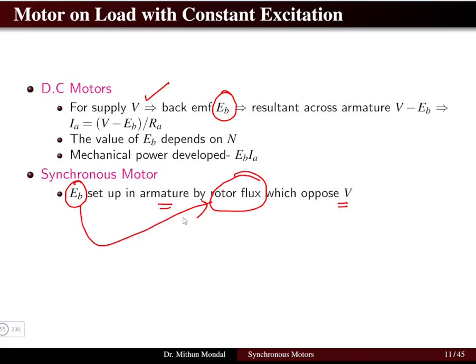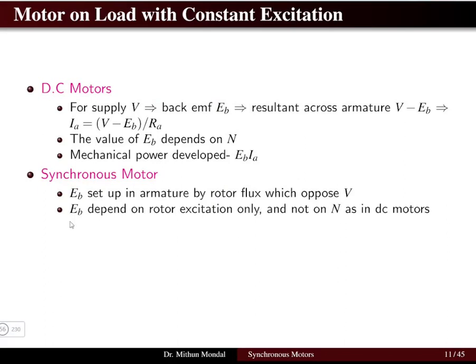In both the cases the back EMF is opposing the supply voltage. The back EMF depends on rotor excitation only and not on the speed as in DC motor. So back EMF is not a function of the speed in the synchronous motor, whereas in the DC motor the back EMF will depend on the speed.